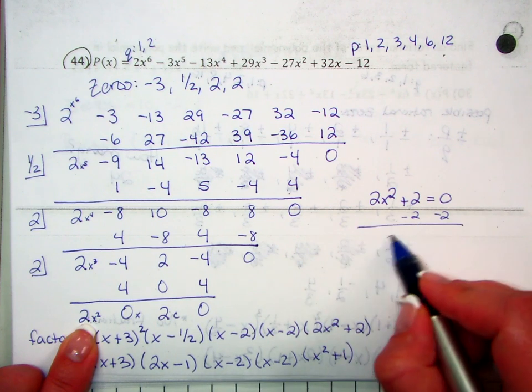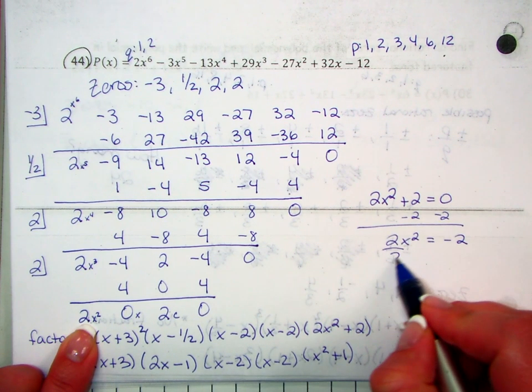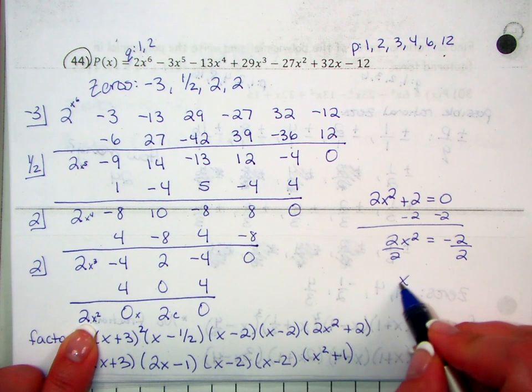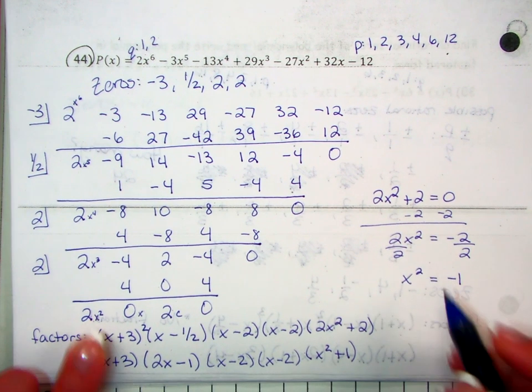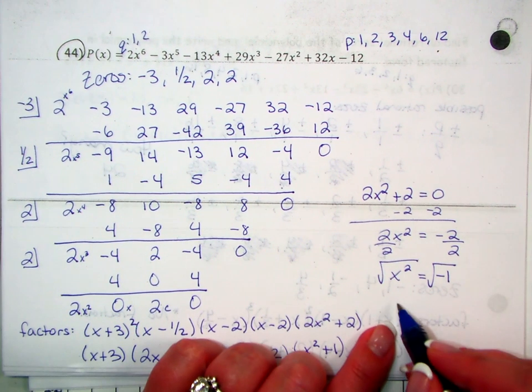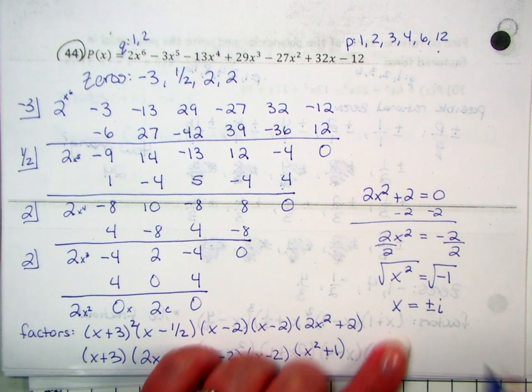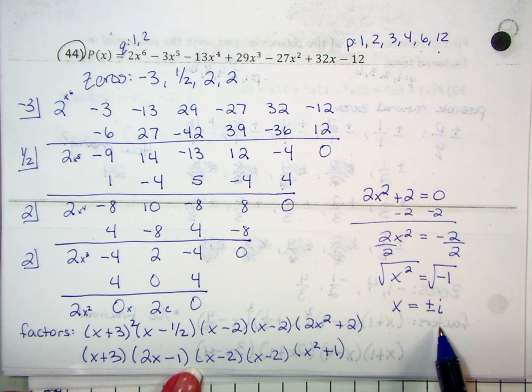Subtract 2 from both sides. Divide by 2. And now what happens when we take the square root? Okay? We get x equals plus or minus i. Okay? The other 2 zeros were imaginary, which is why they didn't show up on the graph.